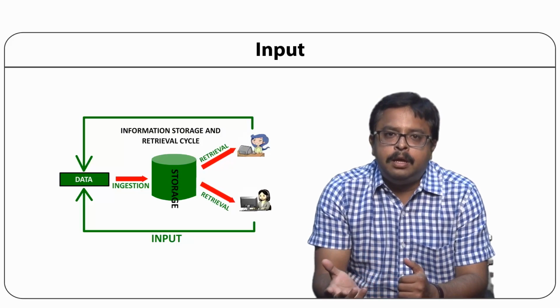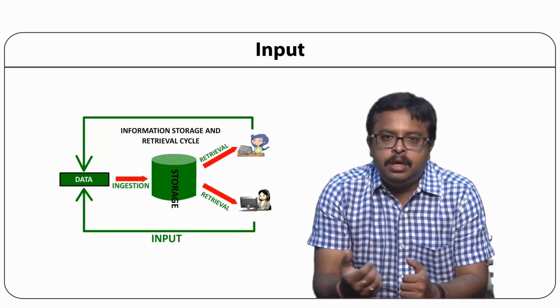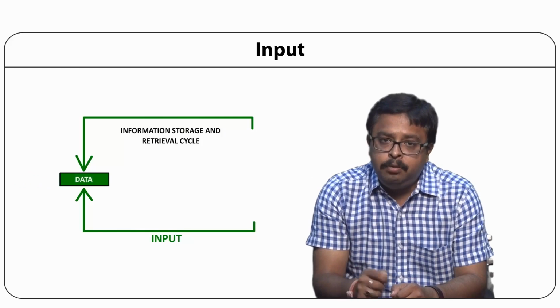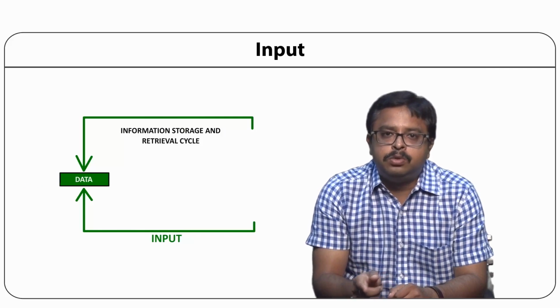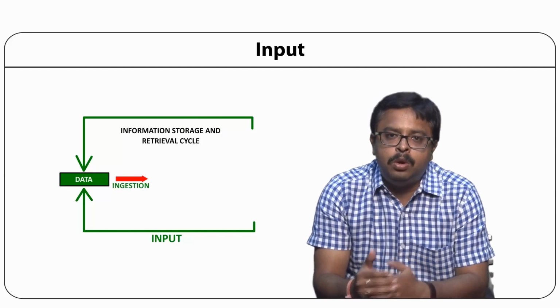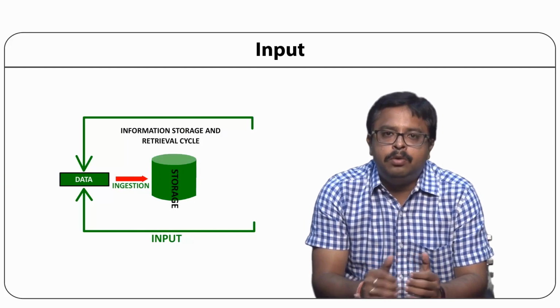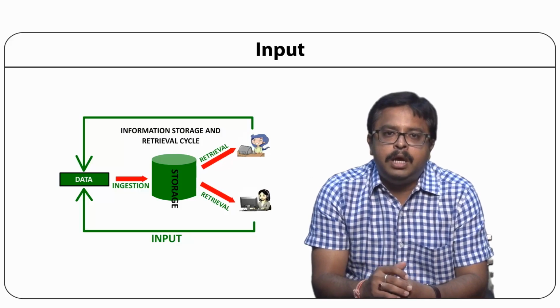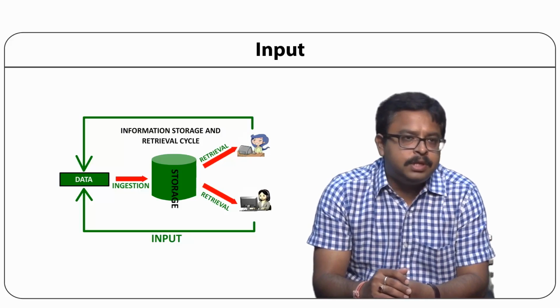These users not only retrieve the data, they can sometimes manipulate the data, and they can provide input to this system. So if you see this whole flow chart, you will find it is a kind of a cycle which we call normally the information storage and retrieval cycle.